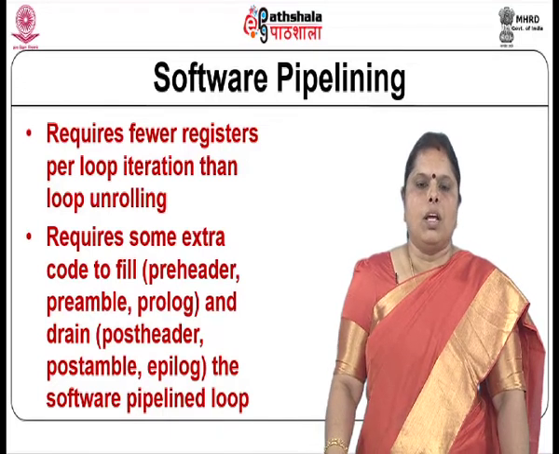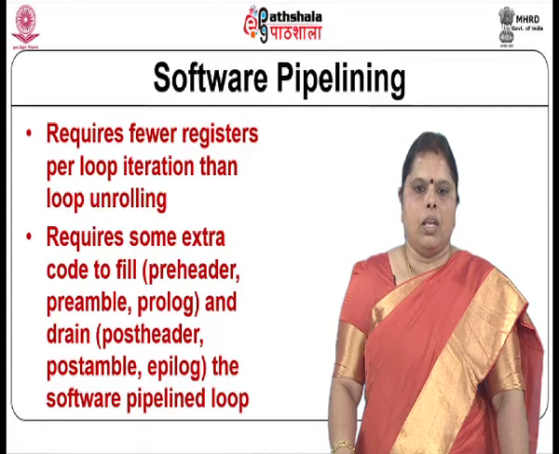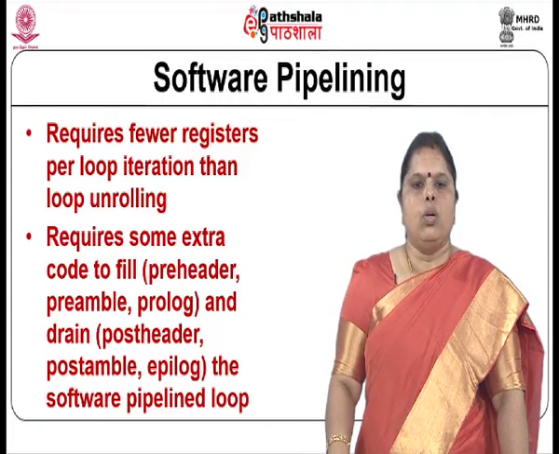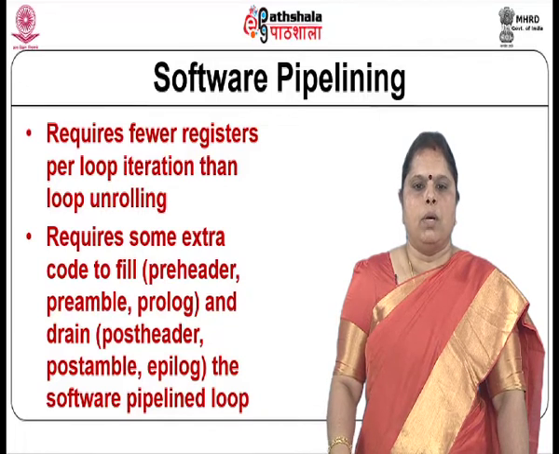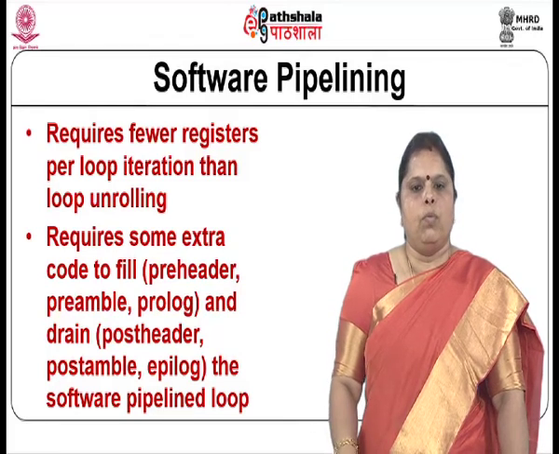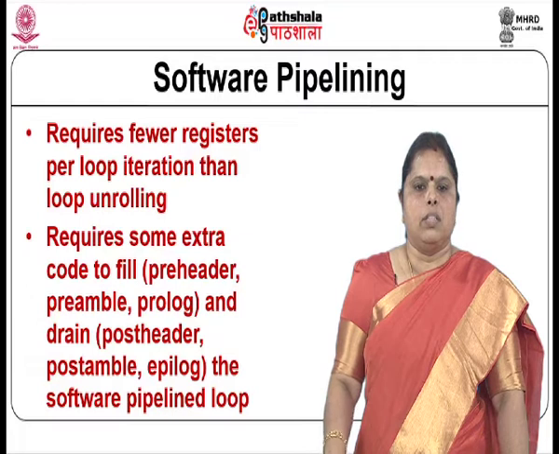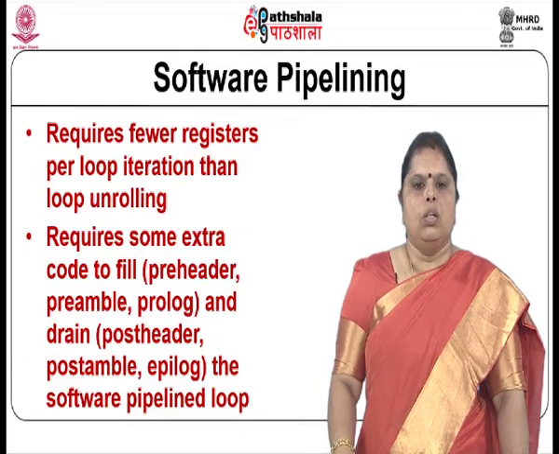Just like how we have pipelining happening in hardware, we are trying to do a software pipeline. Just like how the hardware takes some time for the pipeline to get filled up, you get maximum throughput when the pipeline is fully filled up. And when you have completed all the instructions, it takes some time to drain the pipeline. In the same way here, you are doing software pipelining of the loop.